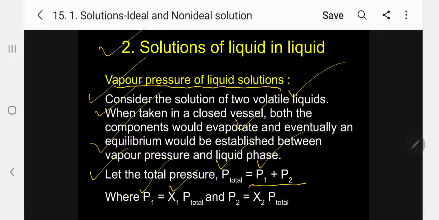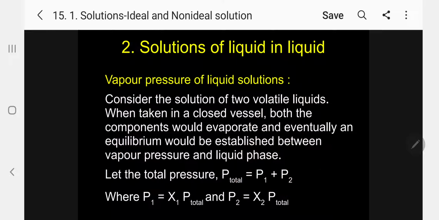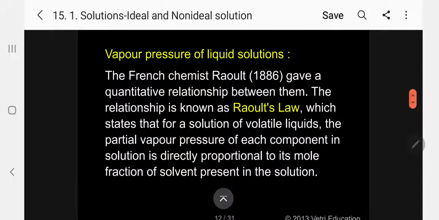That is, the vapor pressure of an individual component is equal to its mole fraction into P total pressure. Kindly follow. 1 indicates solvent. P1 vapor pressure of solvent, X1 mole fraction of solvent. The same way, P2 is for solute. Vapor pressure of solute equals mole fraction of solute into total pressure. Please follow. Okay, let me continue.